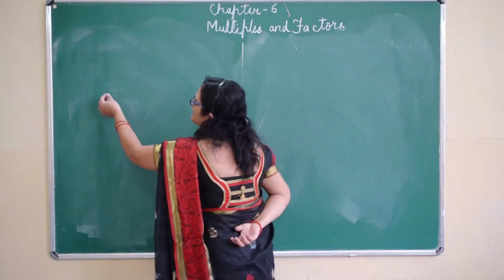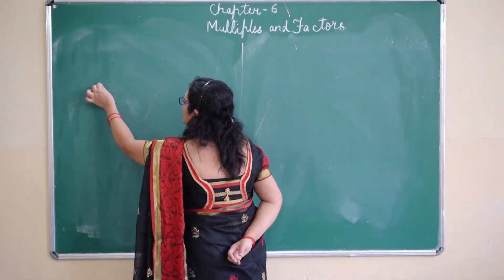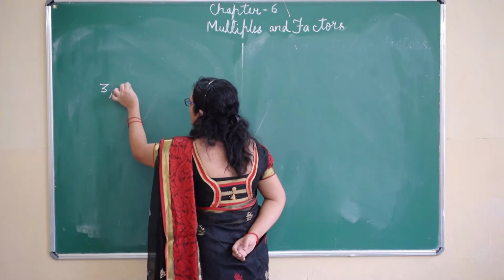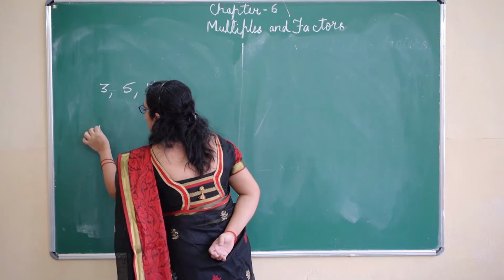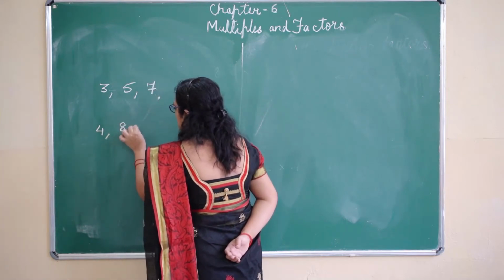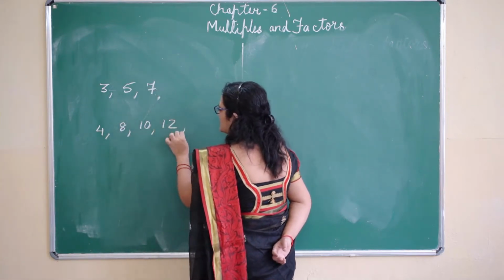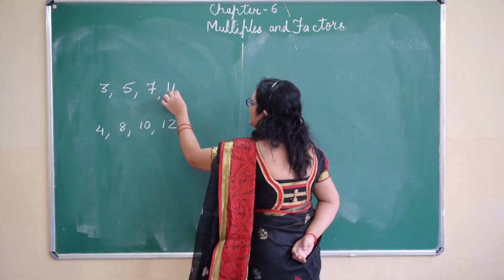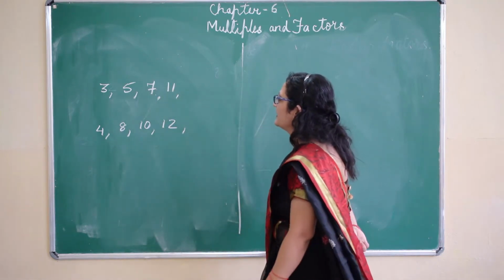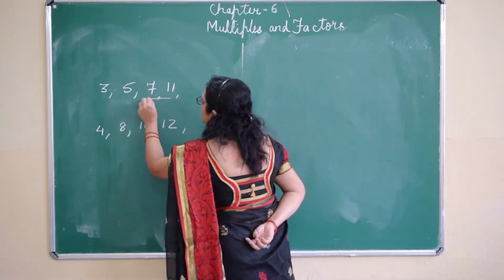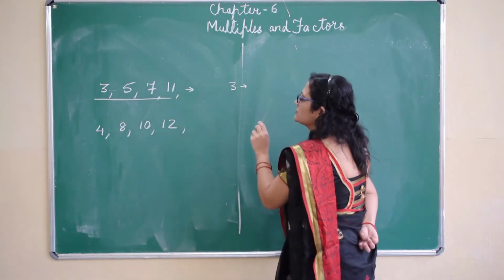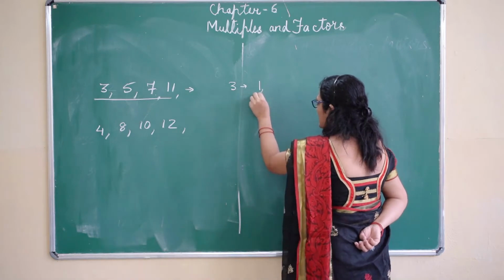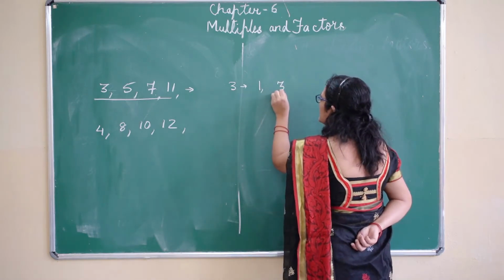So I write some numbers here: 3, 5, 7, then 4, 8, 10, 12, and 11. What do you understand by these numbers? We understand that 3 has only 2 factors, that is the number 1 and the number itself.